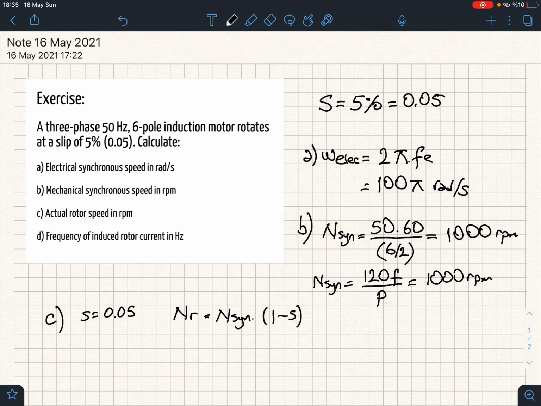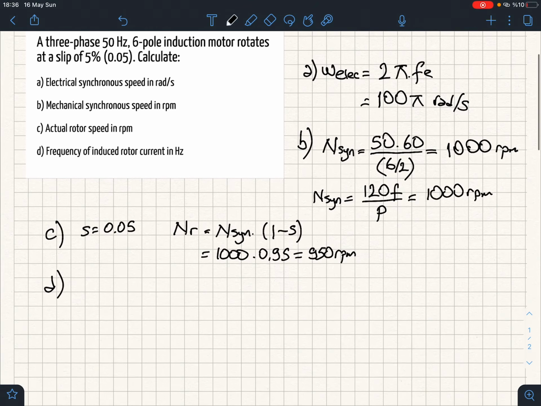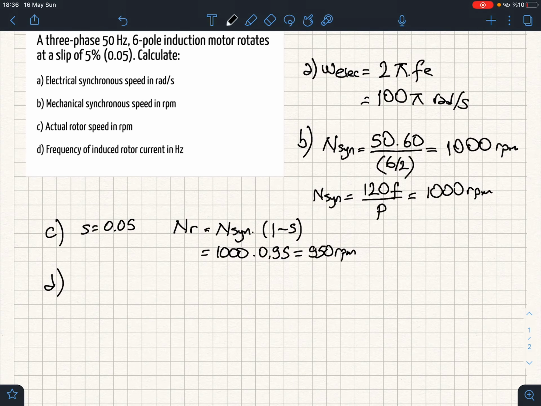That means the slip is 0.05, so the rotor is rotating at 0.95 of the synchronous speed. So you have 1000 times 0.95, that is 950 rpm. Then let's have a look at the frequency of the rotor current.